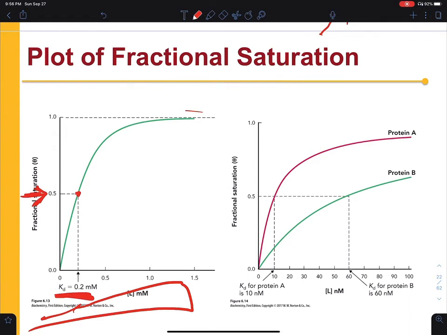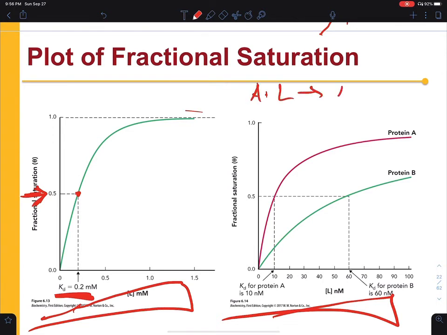And mind you, this is the same ligand, and so we have A plus L goes to AL, two different proteins, B plus L goes to BL. Let me do this in green for consistency's sake.